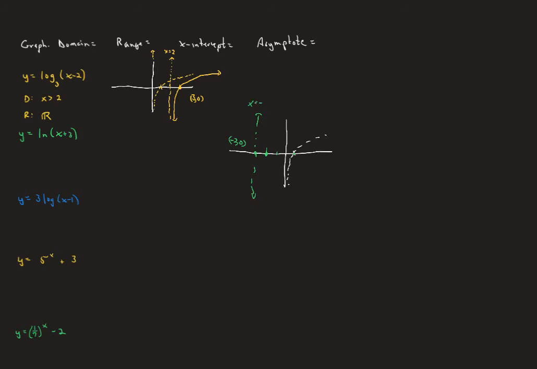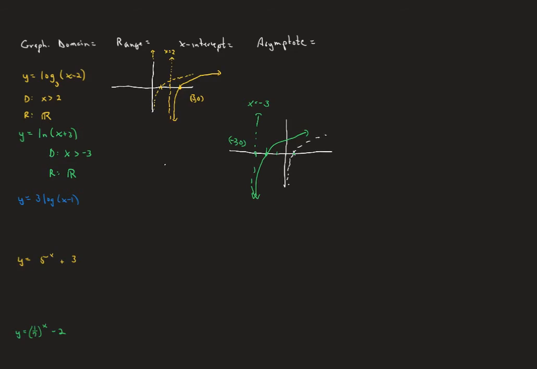That's going to be x equals negative 3, and its shape is going to be that typical logarithm shape where it's going to rise from left to right and be concave down. Its domain is going to be x strictly greater than negative 3, and its range is also all real numbers.